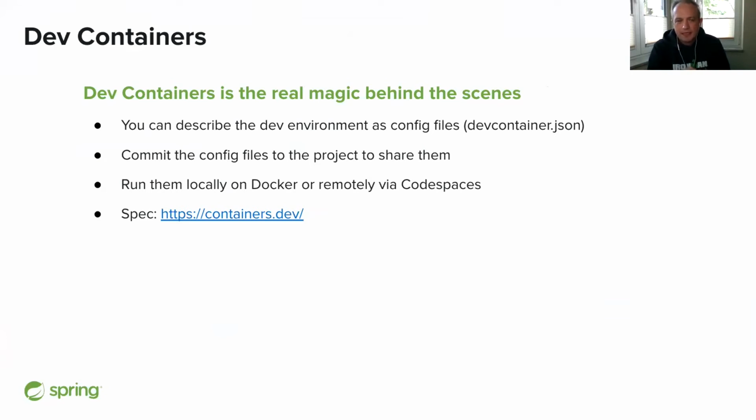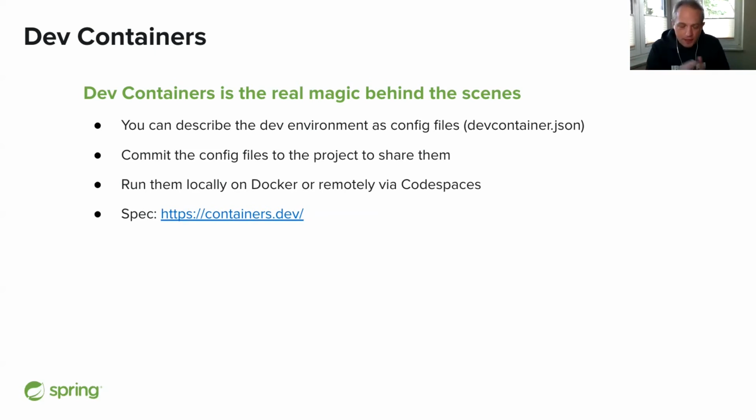And you can put all the things that I talked about a minute ago into this file. So you can say, okay, I would like to have a specific version of the JDK installed. I need these additional tools installed. I need these specific extensions for Visual Studio Code installed. They should be configured in a certain way, and so on.